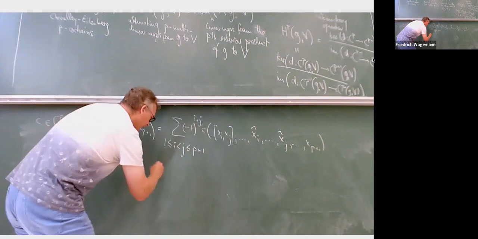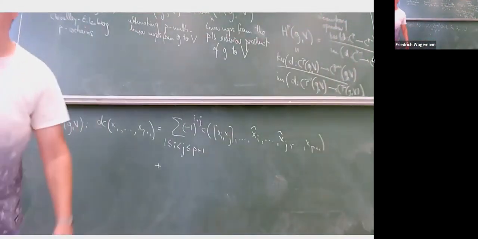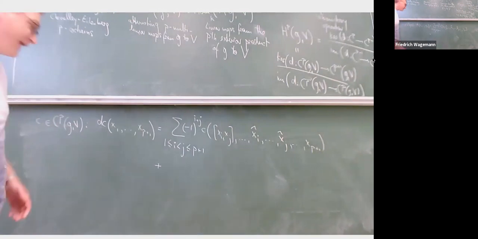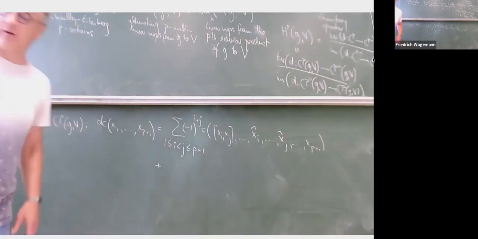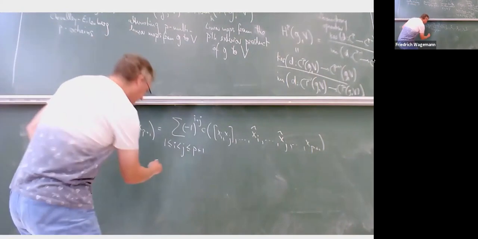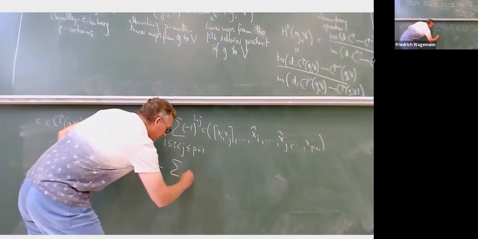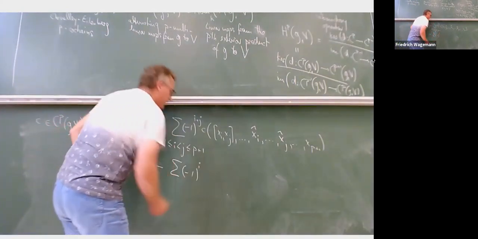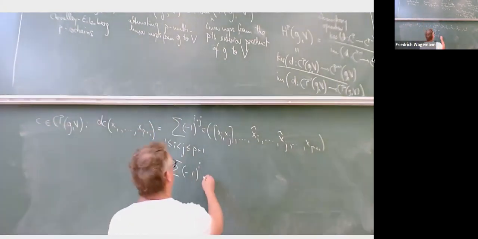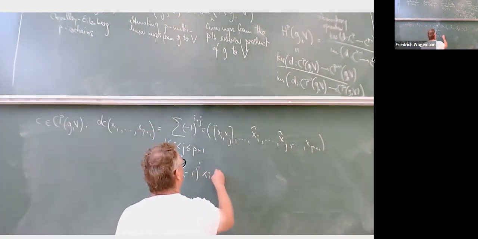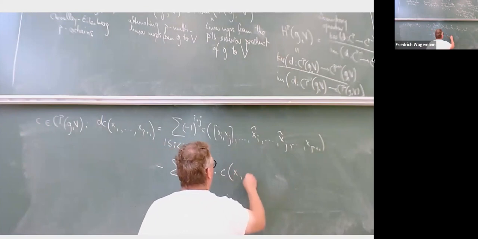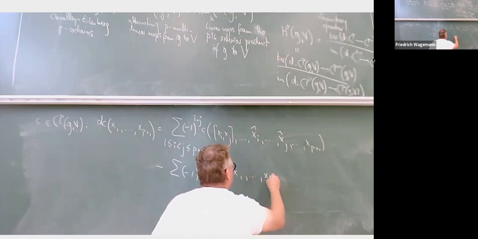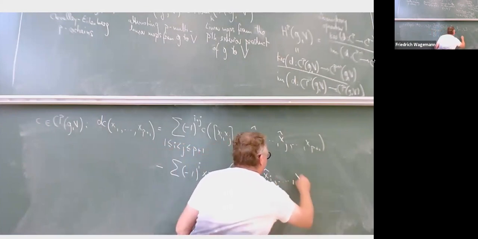And then you have a second term. The first is the term where only the bracket is involved. Then there's a second term where the action of G on V comes into play. This term is xi acts on C of x1 up to xp, with xi taken out from the list.